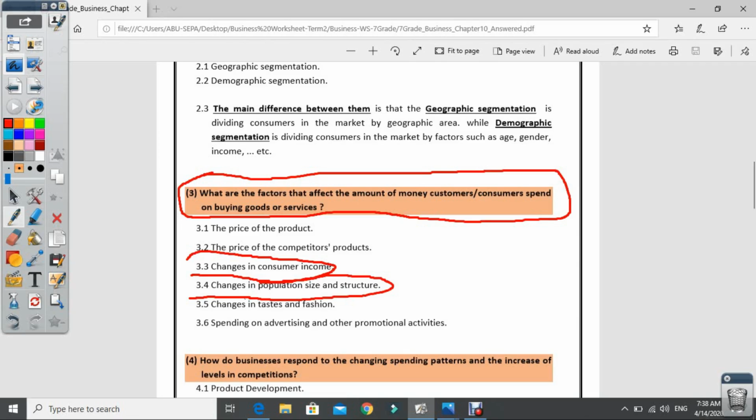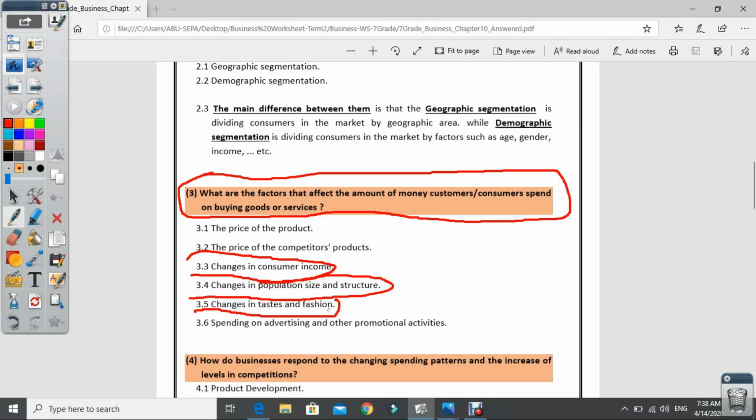Okay, guys. So, the fifth one, change in taste and fashion. It says here that it is easy to see the effects on sales of changes in clothing fashion. However, other products also become more or less popular, with more awareness and concern about healthy eating.